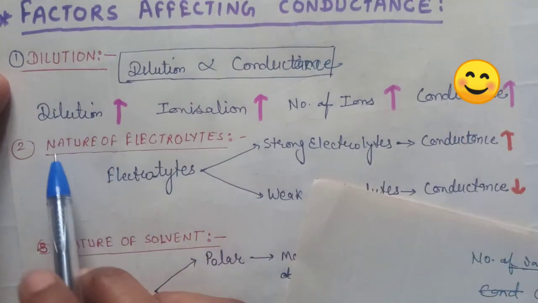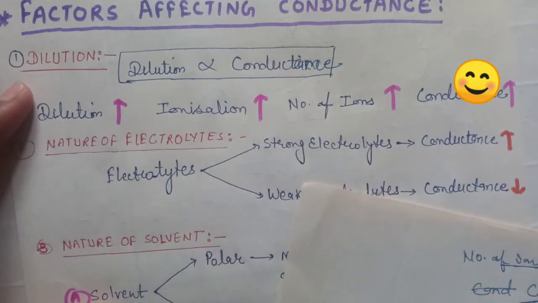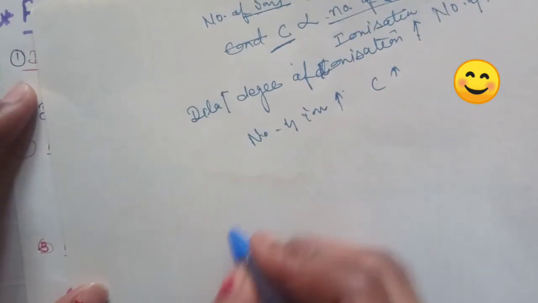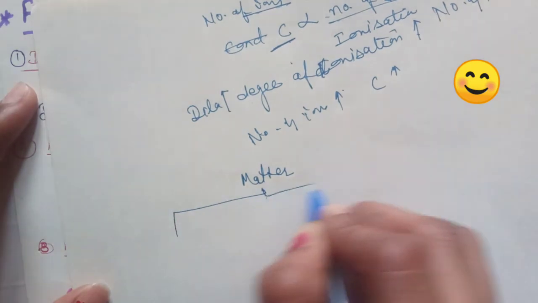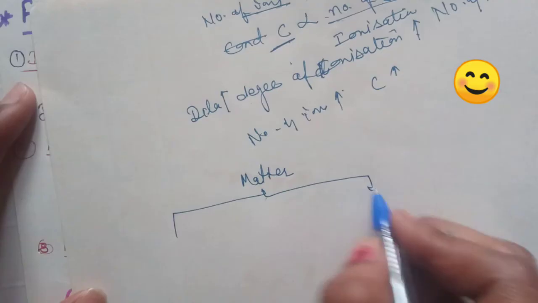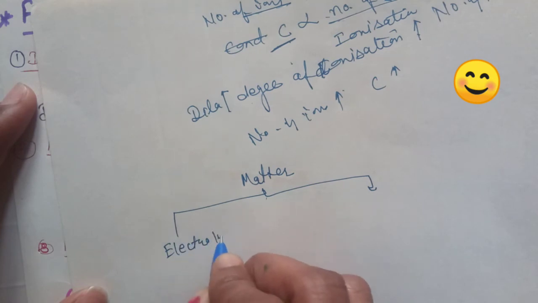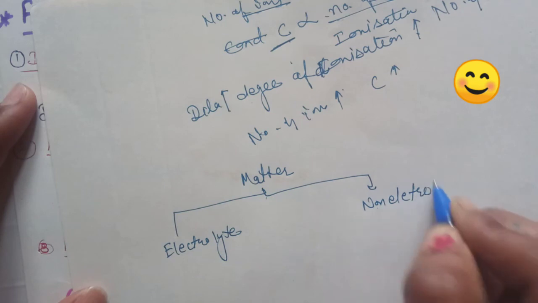Okay. Second factor is nature of electrolytes. First of all I am explaining what matter is. On the basis of dissociation, it is divided in two parts: electrolytes and non-electrolytes.